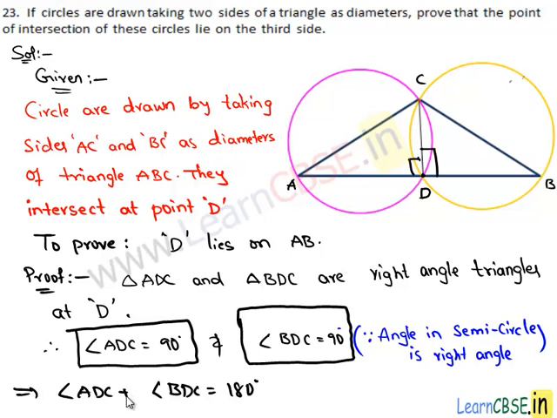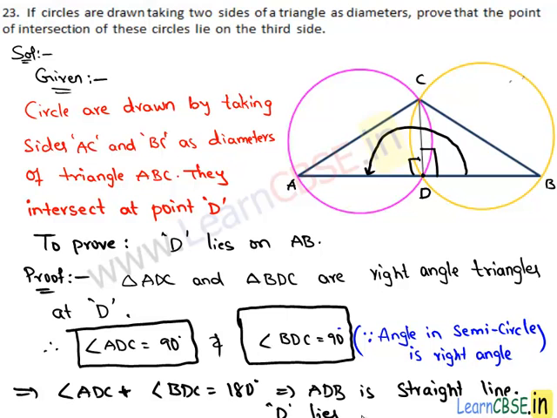We get the sum as 180 degrees. Therefore, we can say that AB including D forms a straight line, because the angle formed by a straight line is 180 degrees. And ADB is a straight line, so D lies on AB. And this completes our solution.